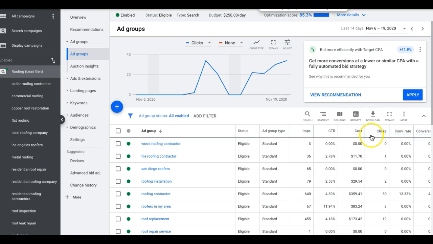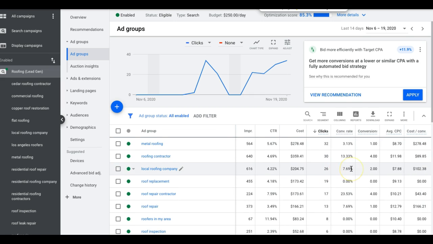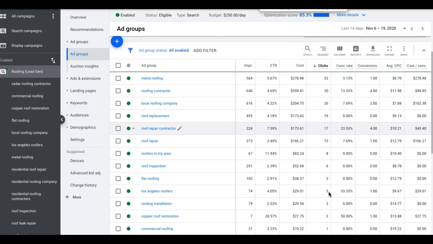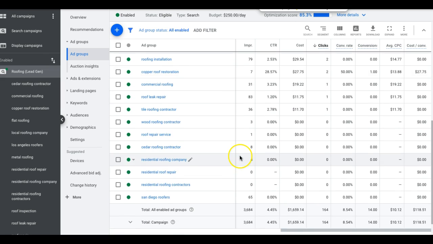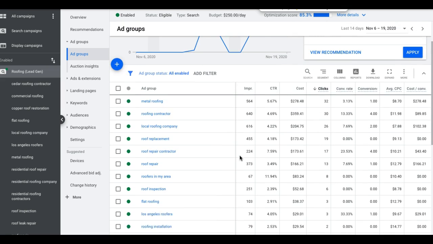If we sort by clicks, we can see where all of our conversions came from: roofing contractor, metal roof, roof repair contractor, roof repair, Los Angeles roofers, copper roof restoration. So there's a good amount of high quality stuff here.